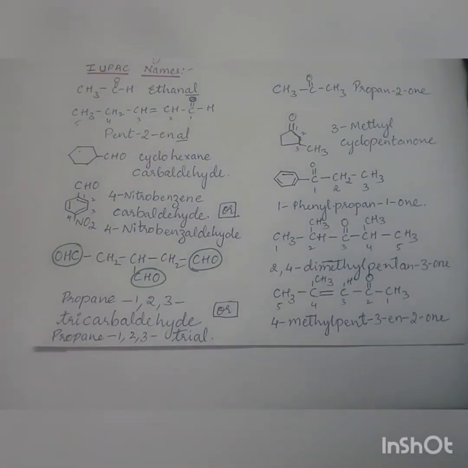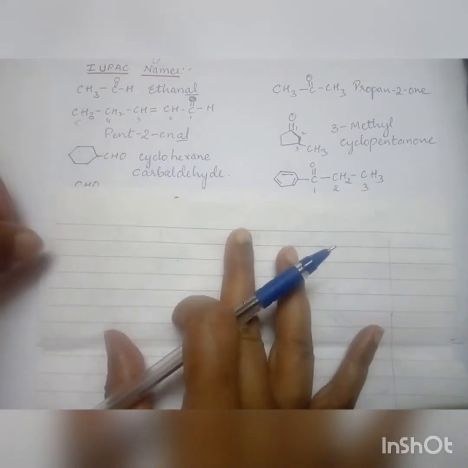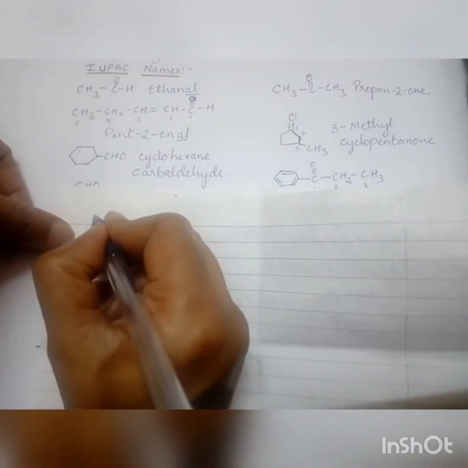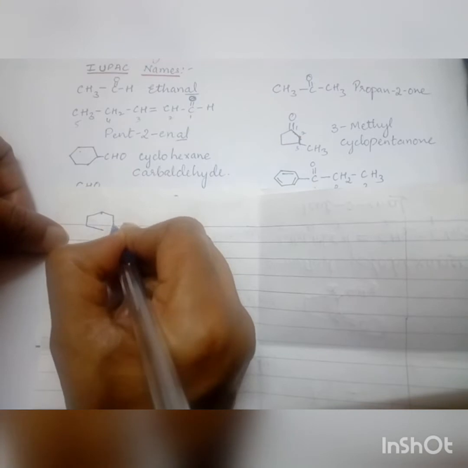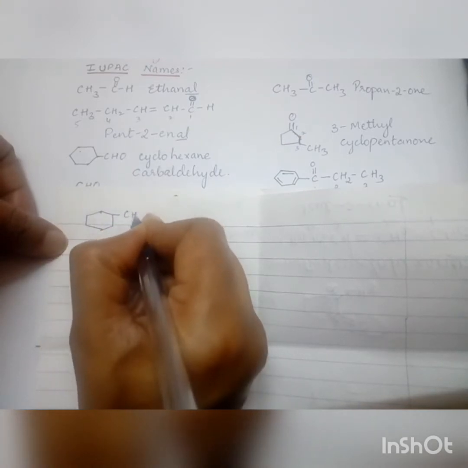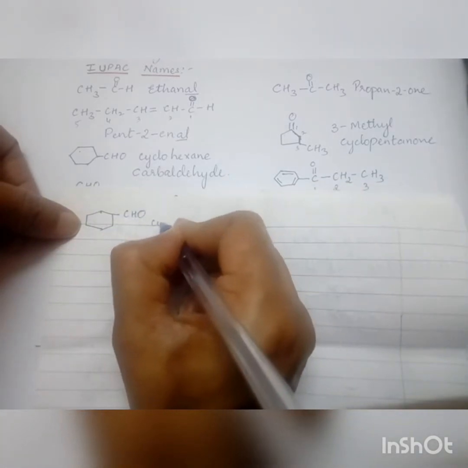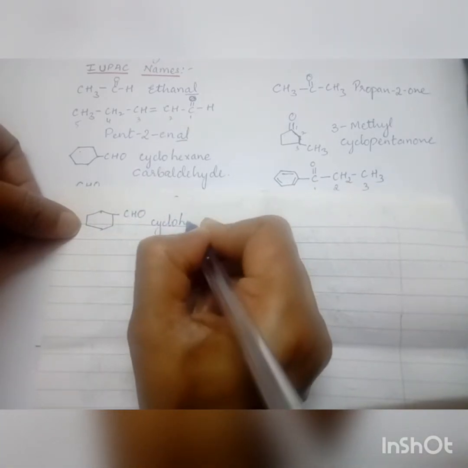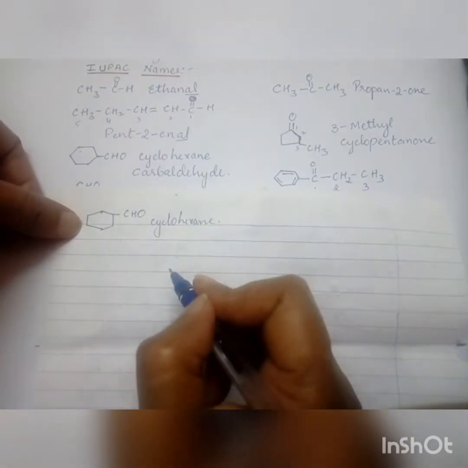The next compound is a cyclic compound. In a cyclic compound, as we have already discussed earlier, whenever there is a cyclic compound, you make use of the suffix carbaldehyde. Here you have a hexagonal ring with CHO. This is which compound? It is cyclohexane. So write cyclohexane.